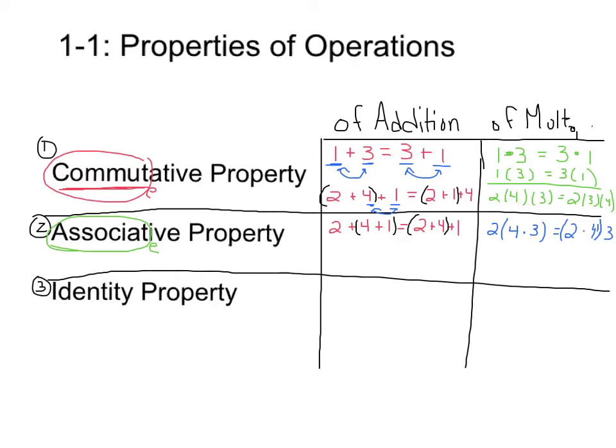Okay? The identity property, if something's an identity, basically you don't change the value of that number.